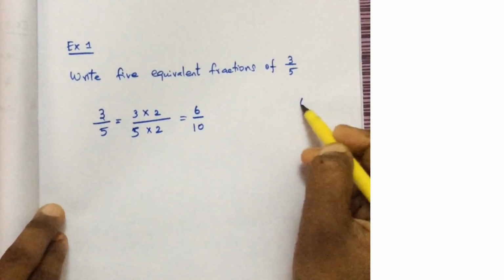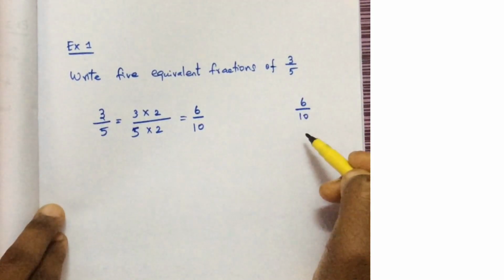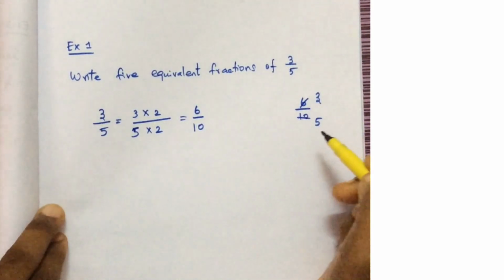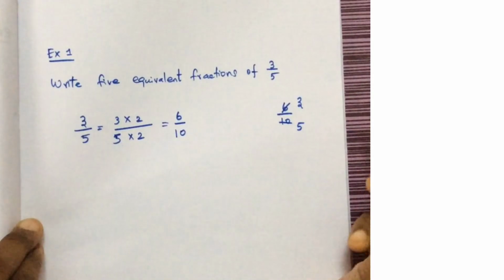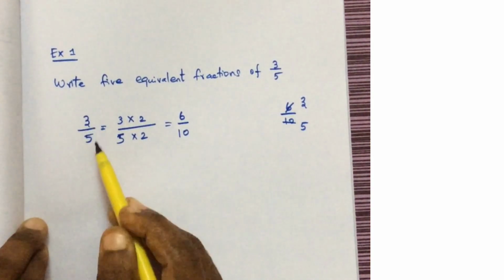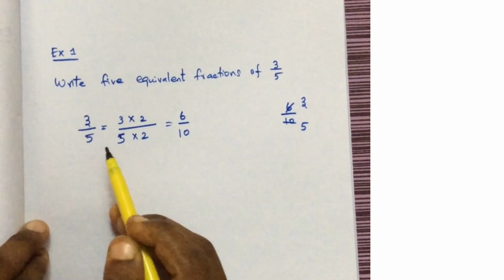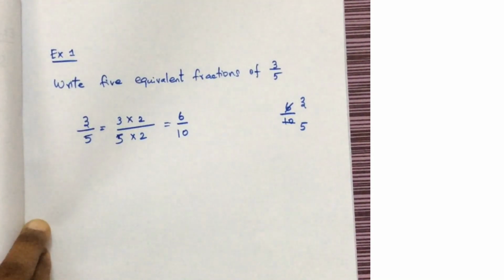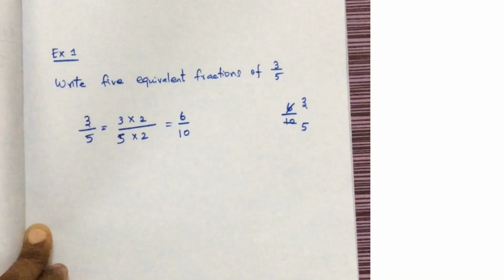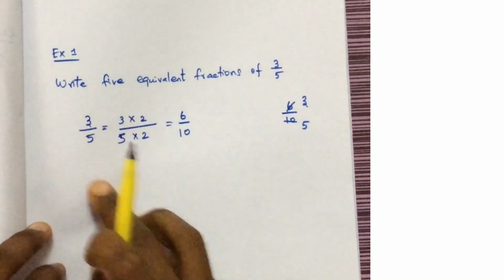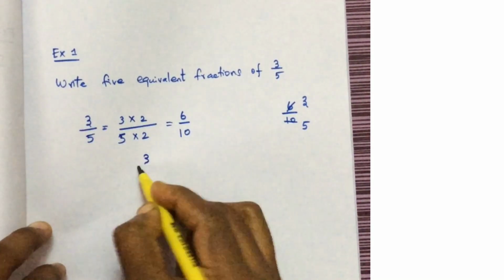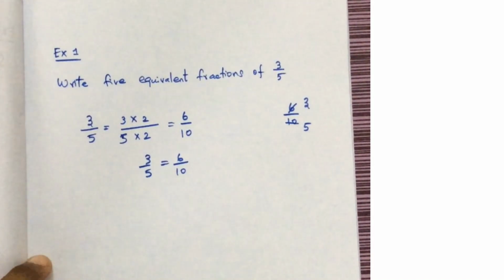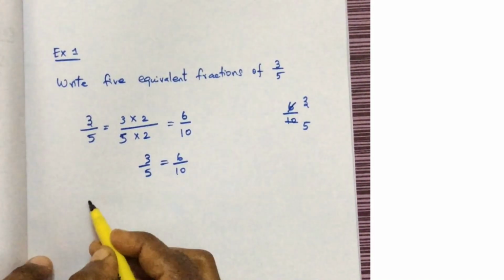Here you see 6 by 10, if you cancel, 2 multiplied by 3, and here it is 5. So 3 by 5 in a fraction, if you multiply the numerator and the denominator by the same number, then we get the equivalent fraction. So 3 by 5 is equal to 6 by 10. Okay, we will give some more examples.